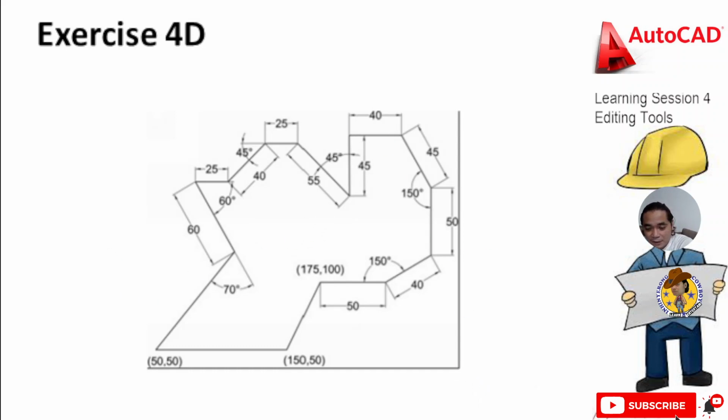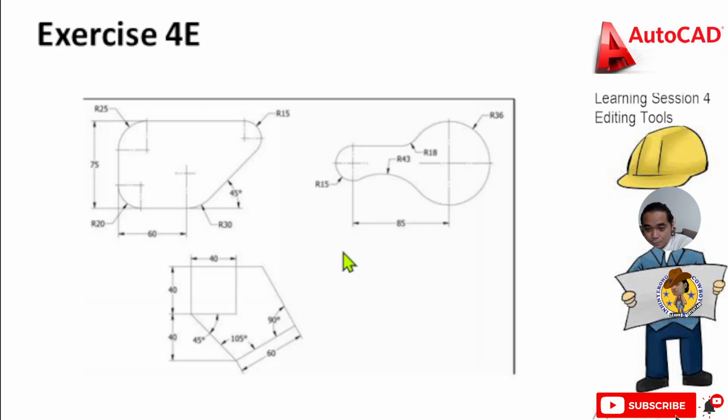So this is 4D. And for 4E, we have three drawings. You can choose one only. Okay, so don't draw the three. So choose only one, either one of the three. Okay, so this one, you have a semicircle here, circle, a line with angle, we have circle. Okay, or you can draw this one.